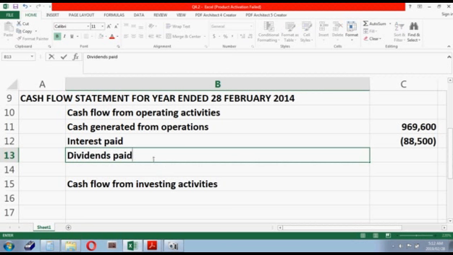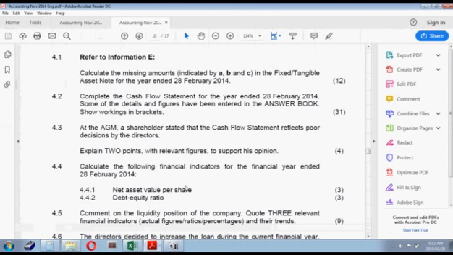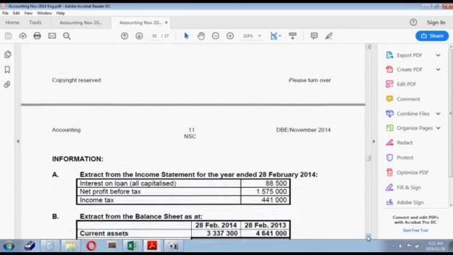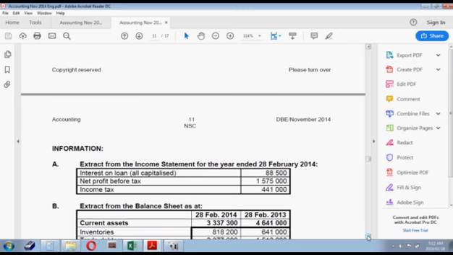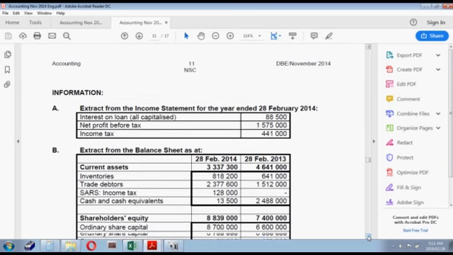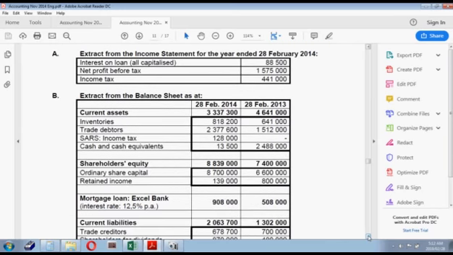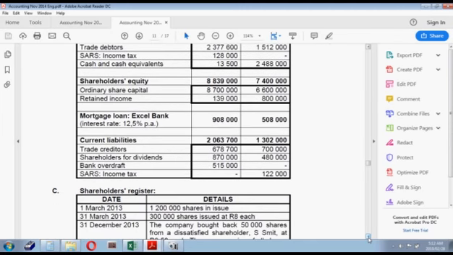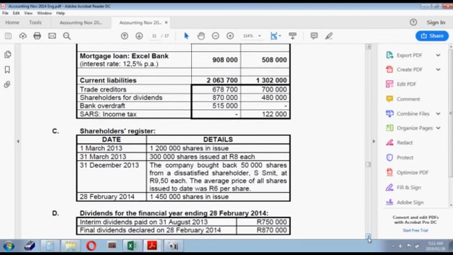And we also know that for dividends paid, we start with the amount reflected in the financial statements, usually from the retained income note. Let's see what is given to us in this particular question. So we have an extract from the income statement, we have an extract from the balance sheet statement, we have the shareholders register.